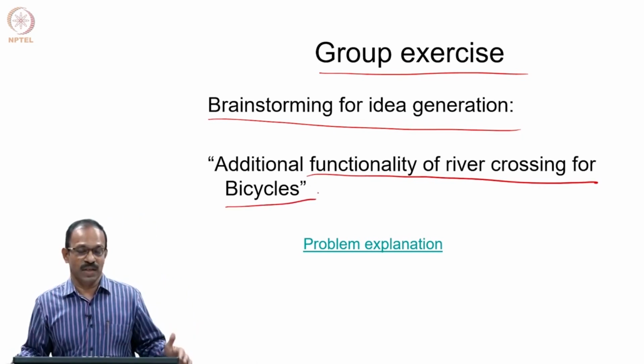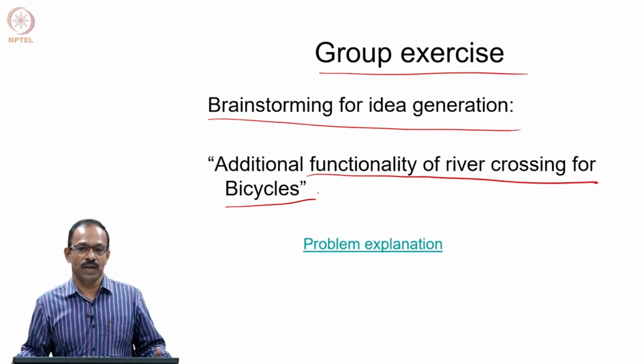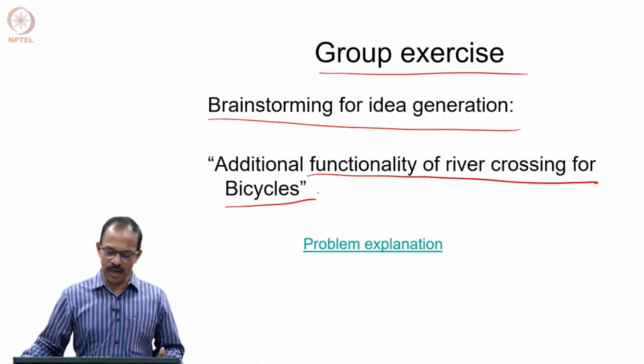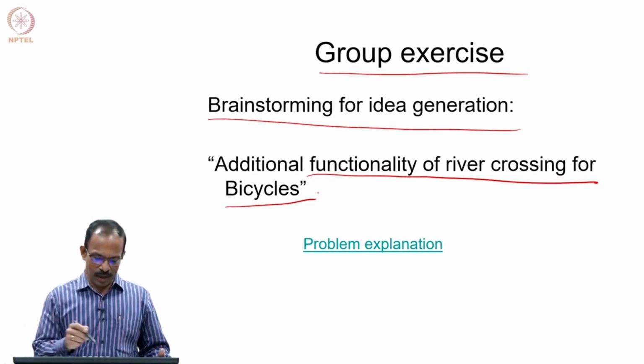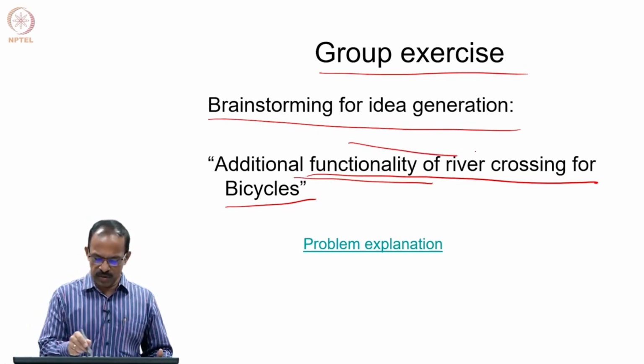All of you know that cycles are used very commonly for transportation, commuting from one place to another, and whenever there is a river or some small stream which you want to cross, especially in adventurous cycling, you may find it difficult. So think about whether you can come up with some ideas to modify the cycle to have an additional functionality of river crossing.